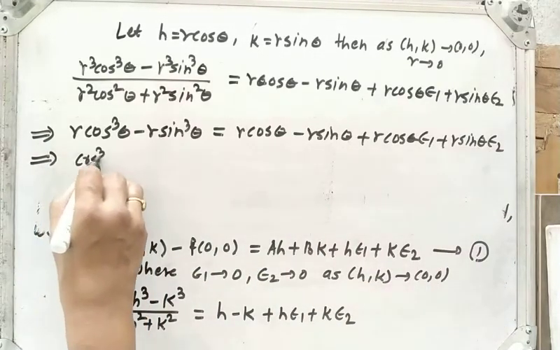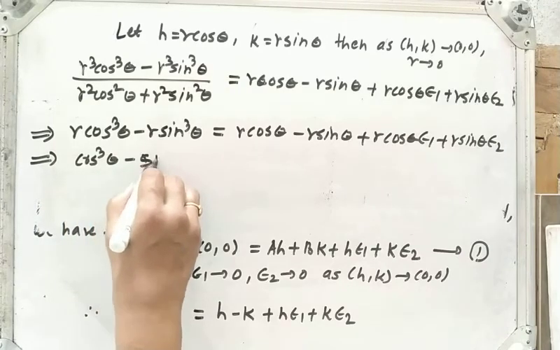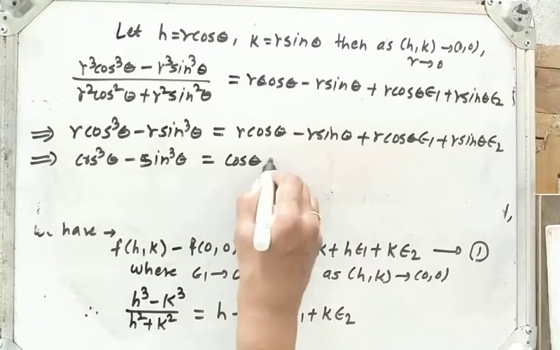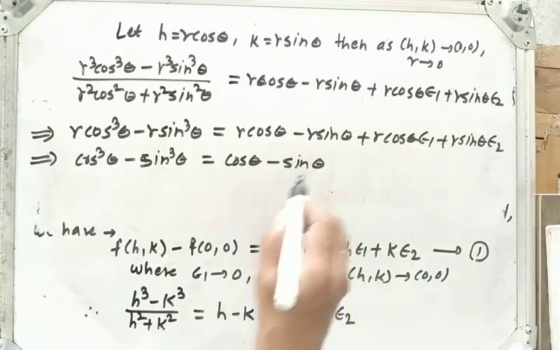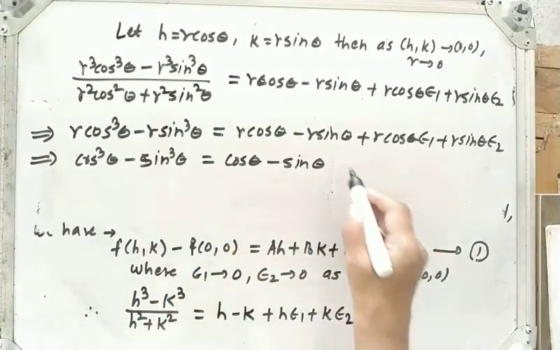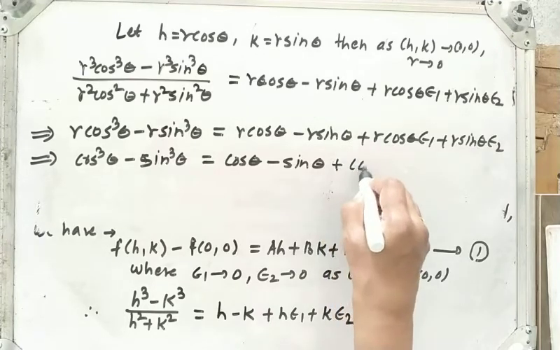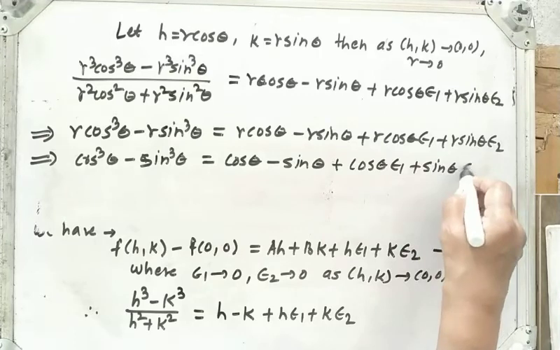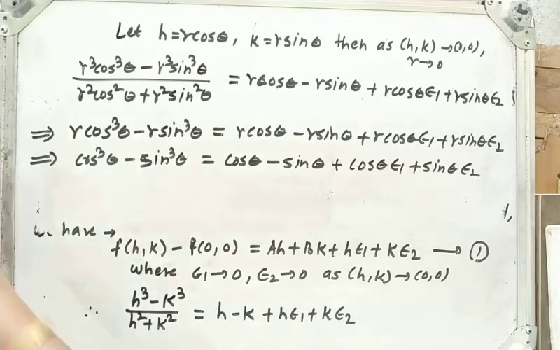So there will be cos cube theta minus sin cube theta is equal to cos theta minus sin theta plus cos theta epsilon 1 plus sin theta epsilon 2.